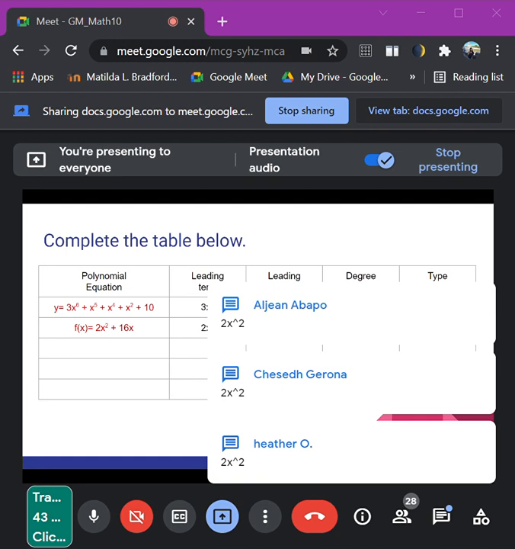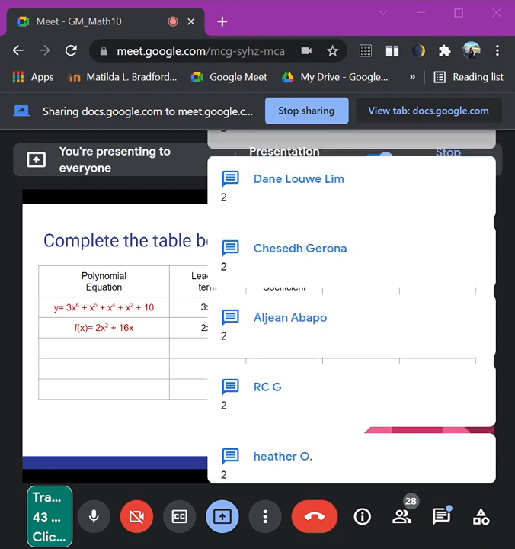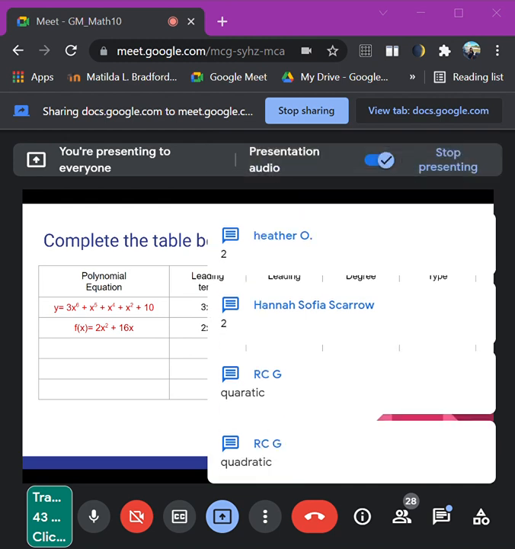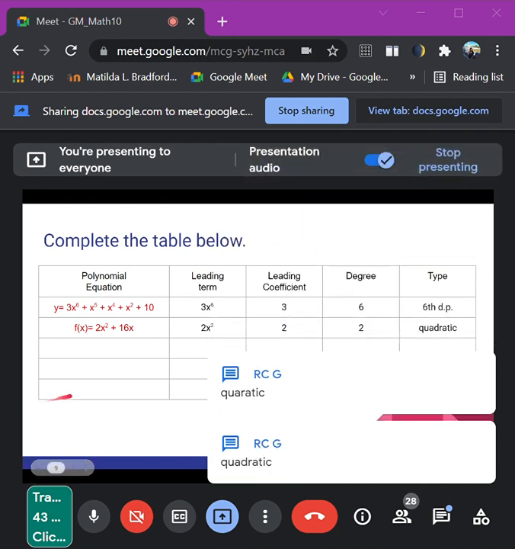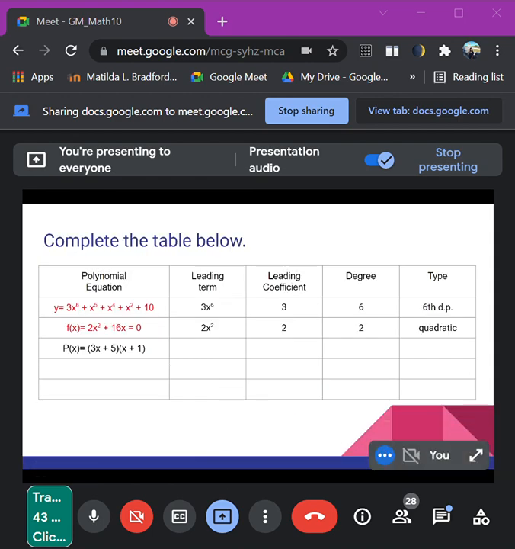Leading coefficient, 2. Degree, 2 also. Type, quadratic.